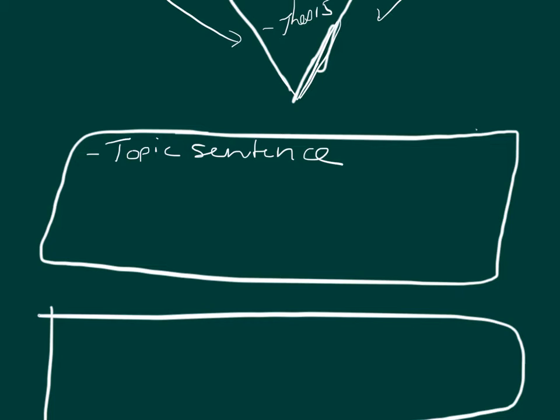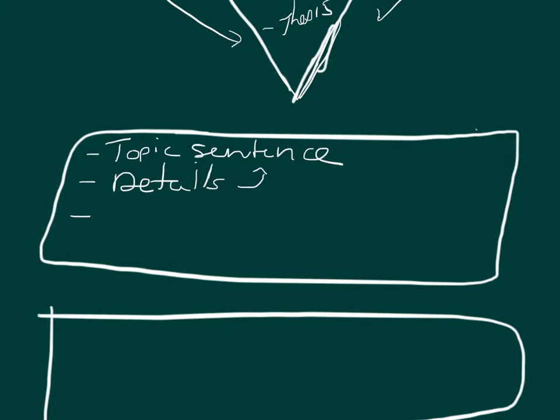If that's your topic sentence, I am assuming as a reader that you're going to be talking about training in this paragraph. Then you're going to give me details about your topic sentence. They have to support your topic sentence. So if you're talking about training, these details should talk about training.